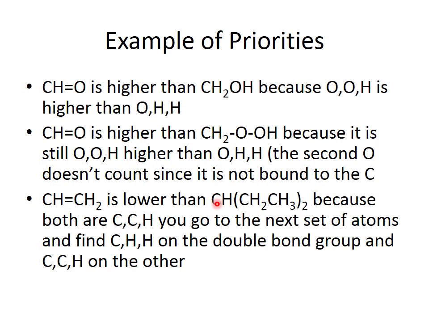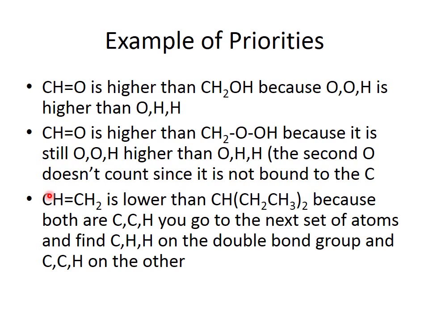If I look at this ethylene group and compare it to this diethyl methyl group, let's look and see which one has priority. Here, what's attached to this carbon? 2 carbons and a hydrogen, so it's carbon, carbon, hydrogen. If I look at this group, what do I have? I have 2 carbons and a hydrogen. So I can't look at the first line, okay? I have to go to the next.